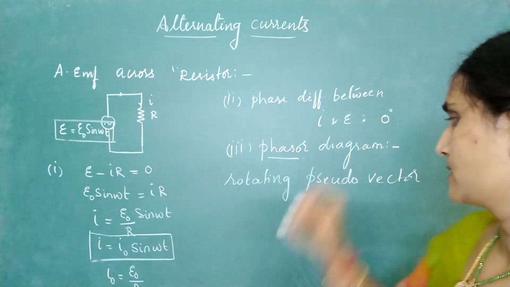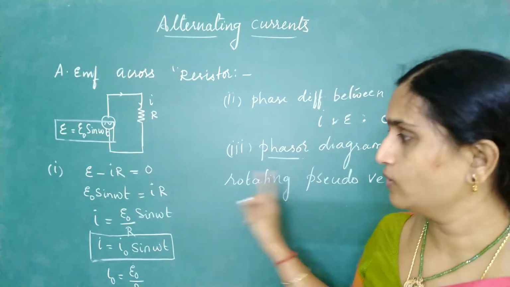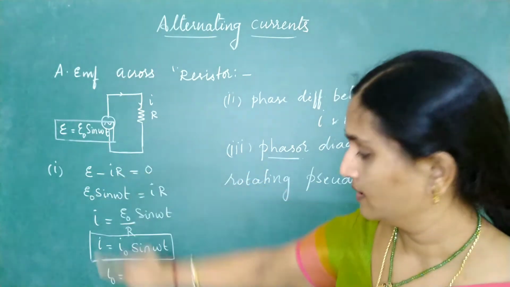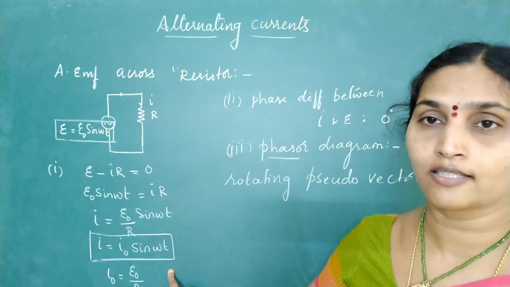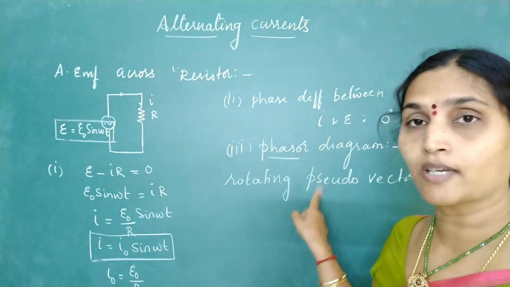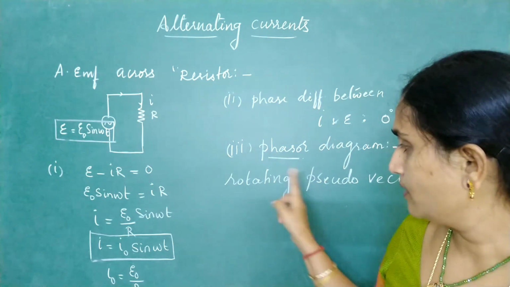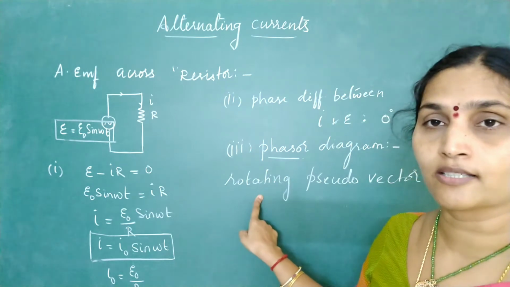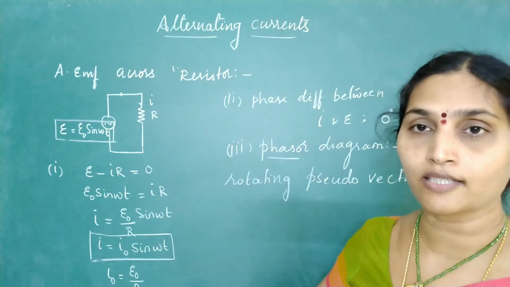Pseudo means false, so it's a false vector. We know EMF is not a vector quantity, neither is current. But in alternating currents, we represent them in the form of vectors because they obey the vector law of addition. And then by rotating those vectors, we study the variation of current as well as EMF.